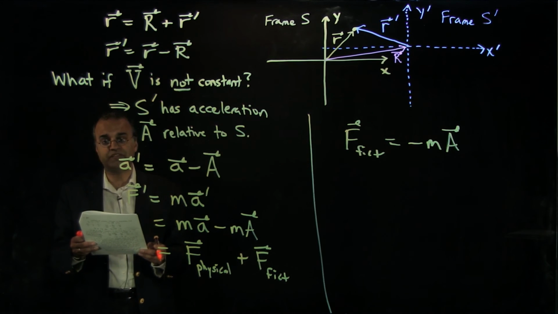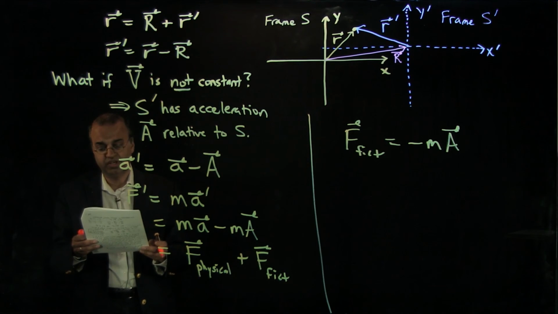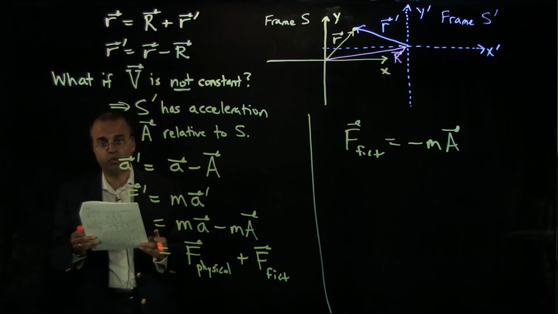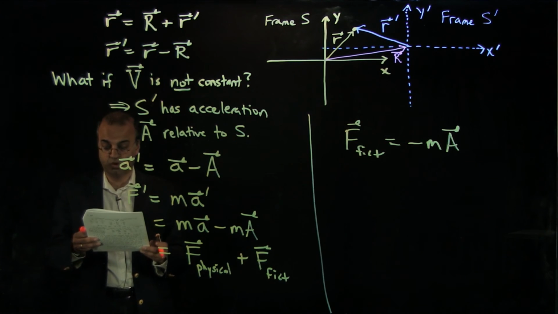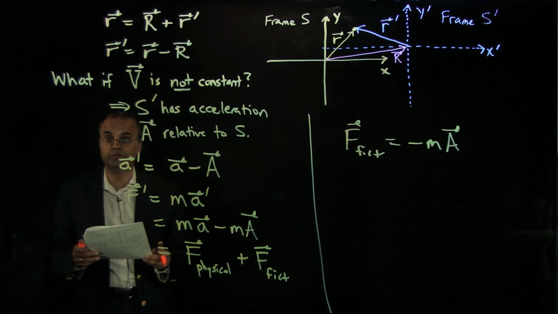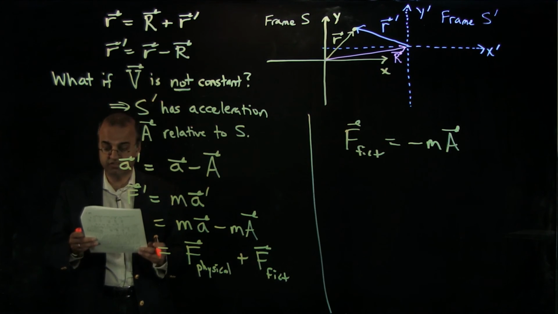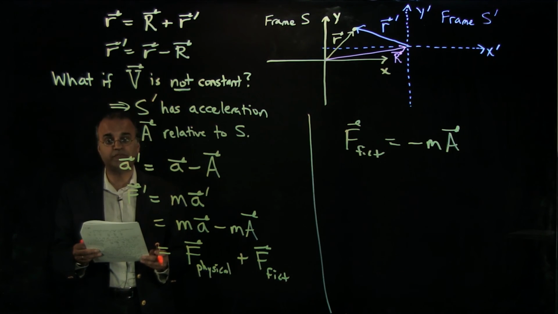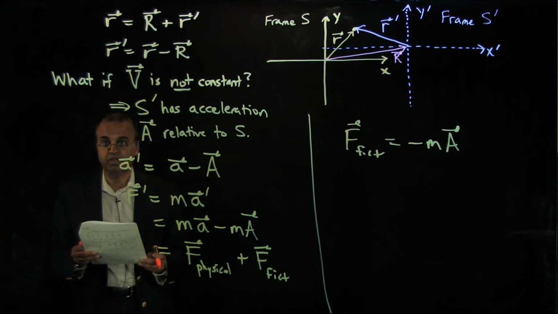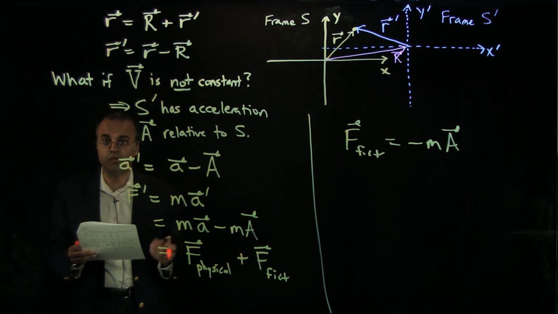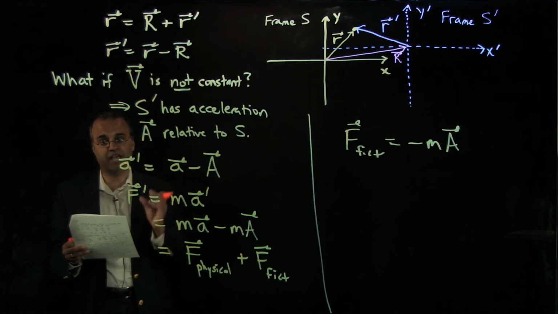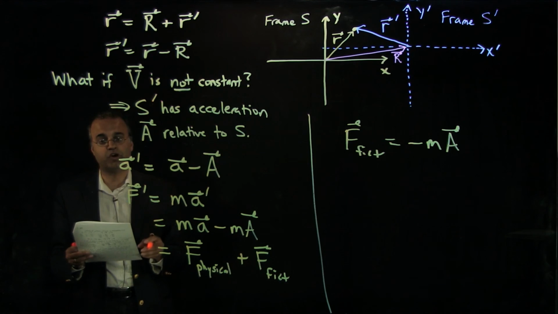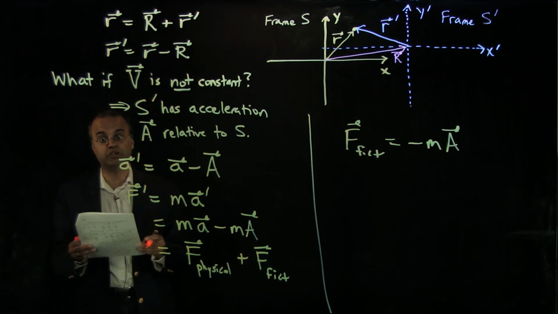This results in a fictitious force that has two terms, a centrifugal term and a Coriolis term. You may have come across a Coriolis force and a centrifugal force before. These are examples of fictitious forces because they arise from the choice of coordinate system. They're an artificial force. They don't correspond to actual physical interactions, but are an artifact of the rotating non-inertial coordinate system.